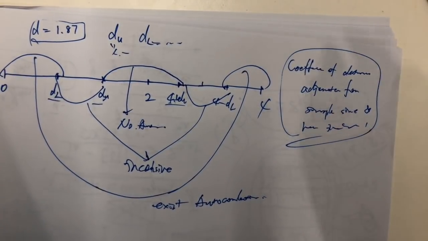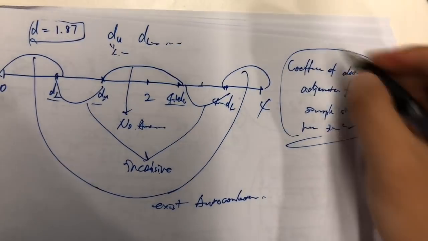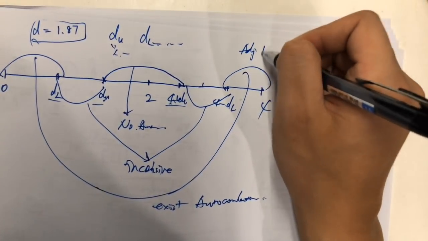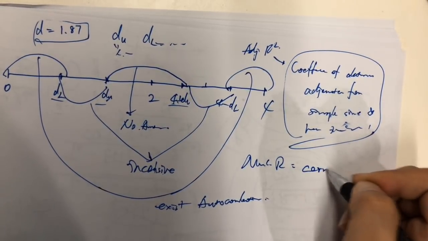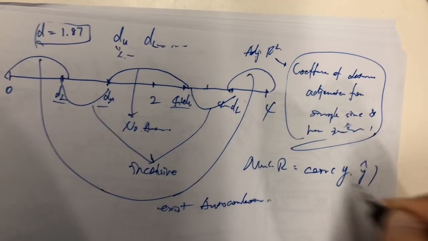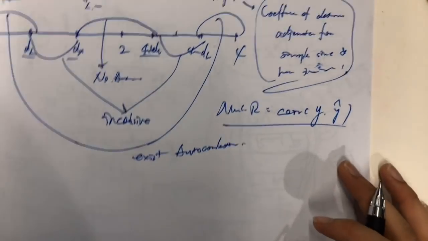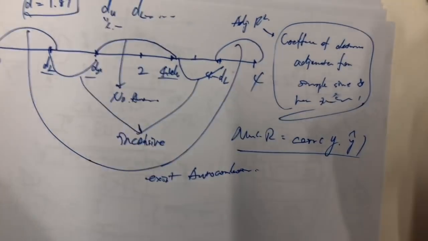Oh, sorry, I thought you were talking about adjusted R square. So this is adjusted R square. And multiple R, the meaning is the correlation between Y and Y hat. The correlation between Y and Y hat is multiple R.